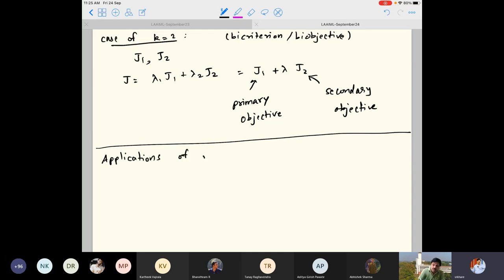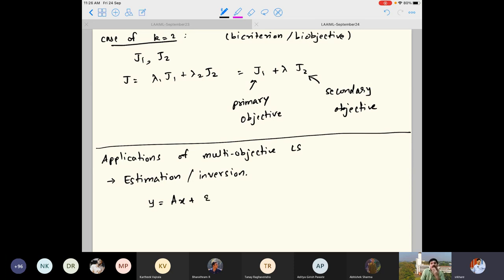Applications of multi-objective: the important problem is the problem of estimation, or it is called inversion. This estimation problem is also called the inversion problem, and let us see what this problem really is. I'll write down this problem as y is equal to Ax plus some vector epsilon.